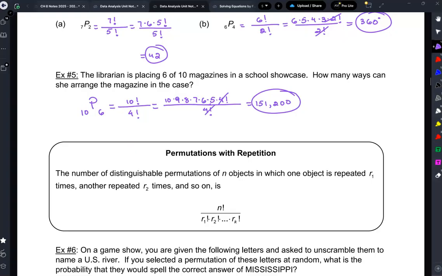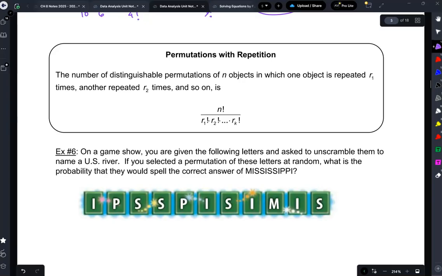And so the way that works is, if you have a permutation and some things are being repeated, if something is repeated R1 times and R2 times, you have to divide it out.